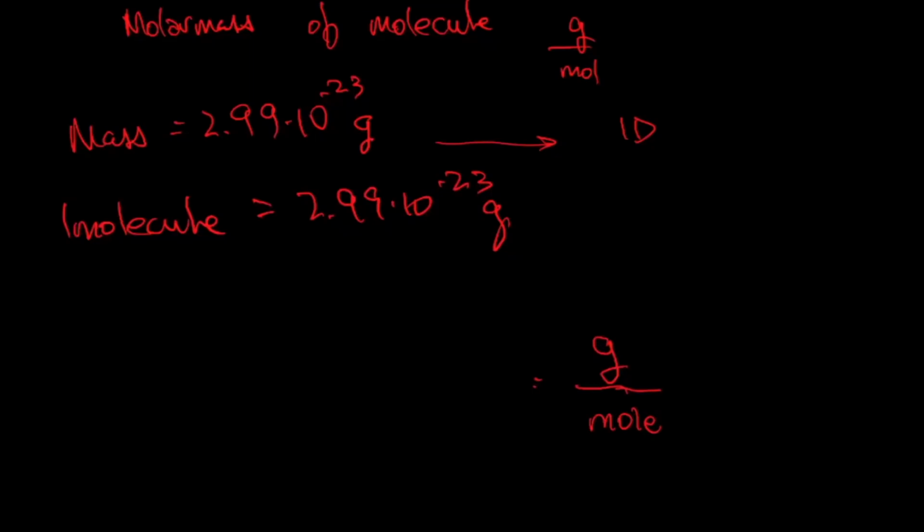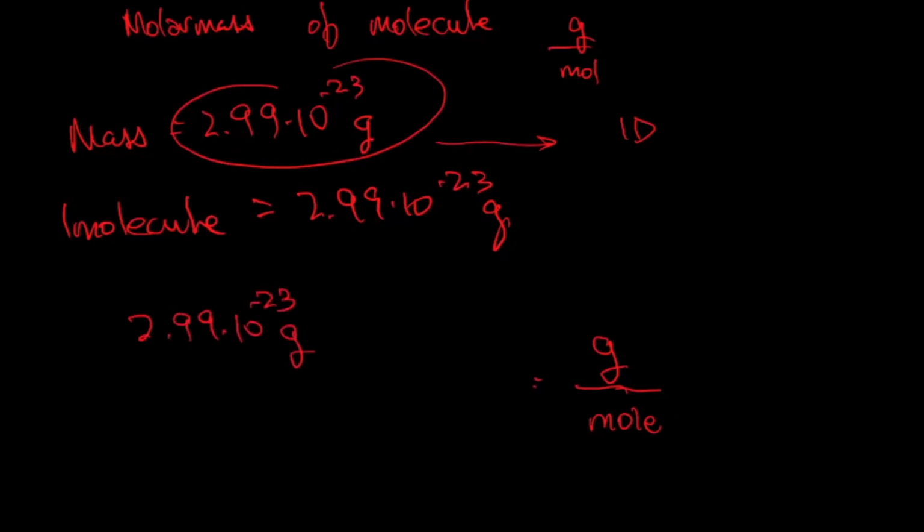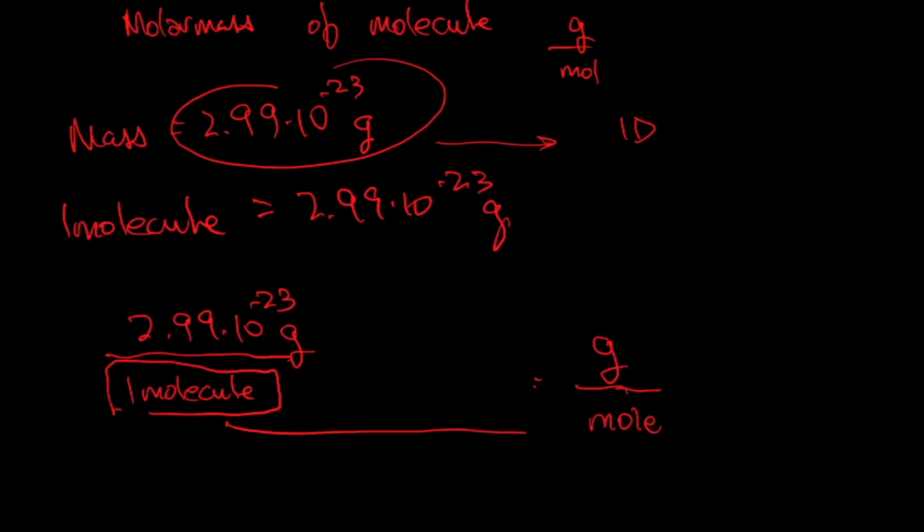So look right here: you've got grams on top, 2.99 times 10 to the minus 23 grams, and that's per one molecule. You need to figure out how to convert molecules to moles, because you already have grams. So what conversion factor can you use to relate molecules to moles?